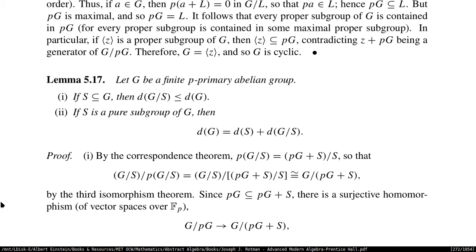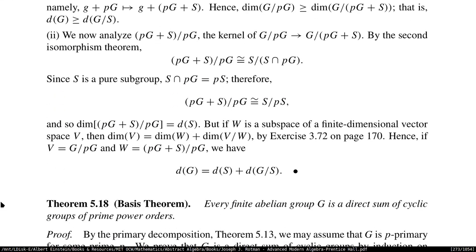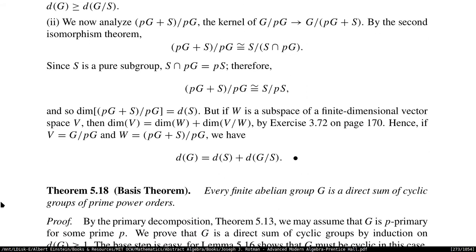If S is a pure subgroup of G, then the D of G is equal to the D of S plus D of G mod S. I believe this is pretty much directly from one of the isomorphism theorems. It looks a lot like that. You have to use something from the vector spaces. And then you have the basis theorem, finally.